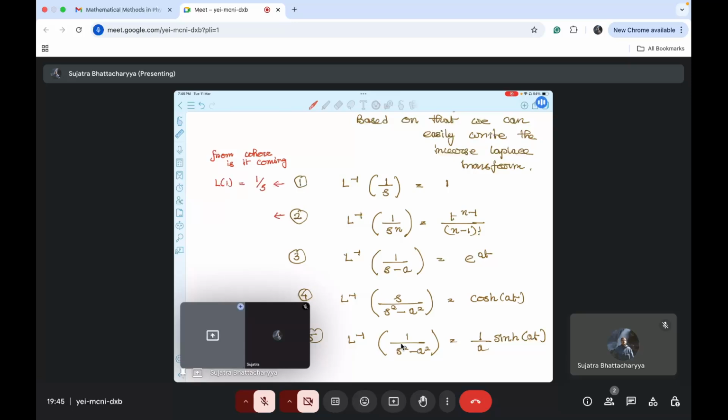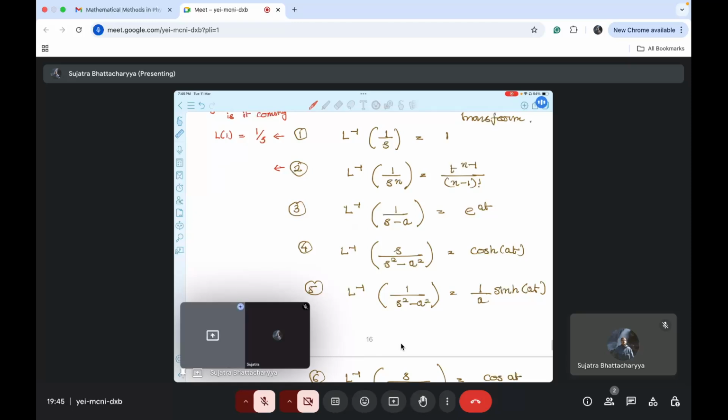Then L of t to the power n is nothing but n factorial divided by s to the power n plus 1. All right. So if you put n as n minus 1, you get exactly the same.